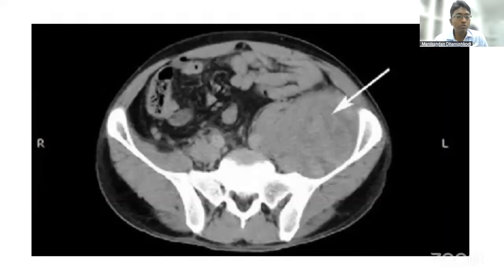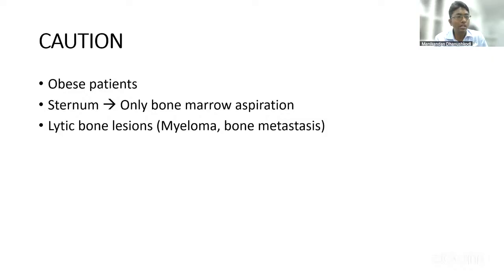You have to be very, very careful, especially if it is myeloma or somebody with bone mets. Sometimes you might be applying all the pressure to get the bone marrow biopsy. Sometimes you might have a lytic lesion in the bone, especially in myeloma or bone mets, so suddenly it can give way. If the patient has coagulopathy or low platelets, you might end up with a large retroperitoneal hematoma.